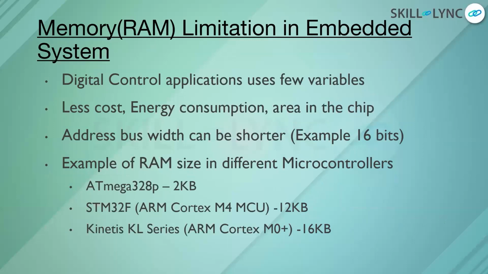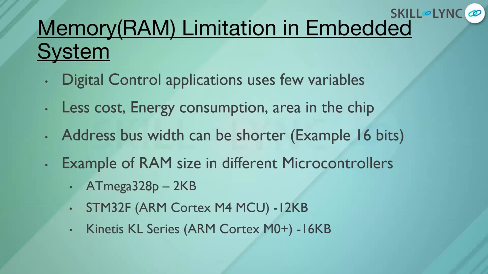Here I'm comparing microcontrollers coming from different families and different vendors. If you take typical microcontrollers that are popular in the market, whose bus width can be either 8-bit, 16-bit, or 32-bit, I've compared three different series of microcontrollers.